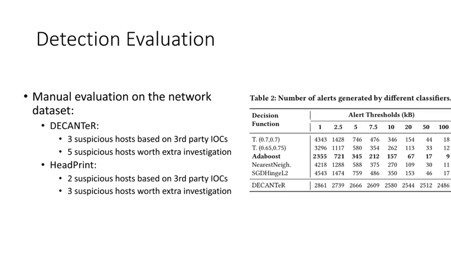We identified a set of hosts that trigger some of the indicators from this third party. Out of these hosts, which numbered around 10 or 13, 3 were also included in Decanter, and 2 were included in the HeadPrint alerts.